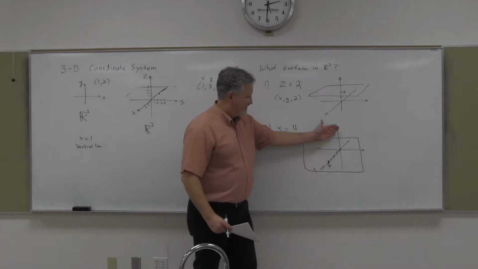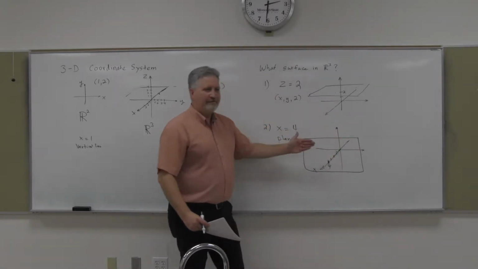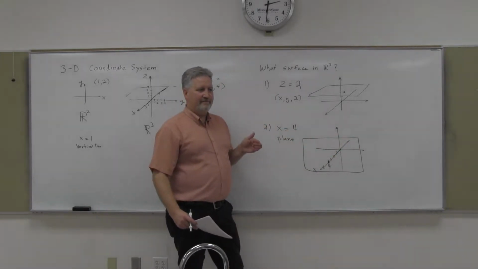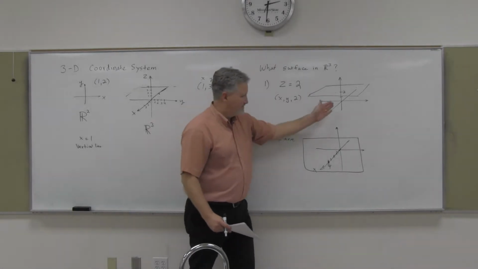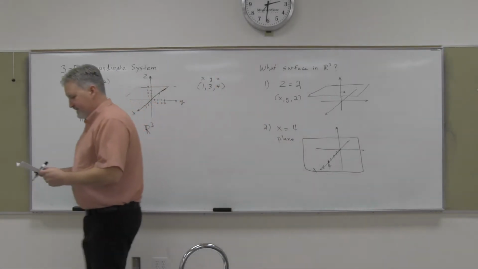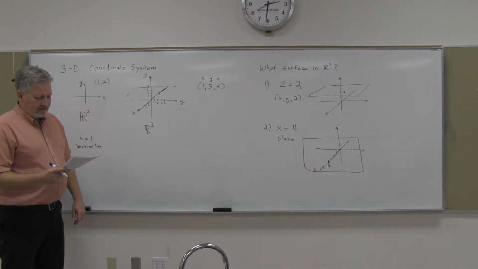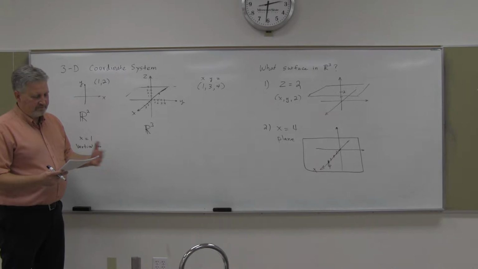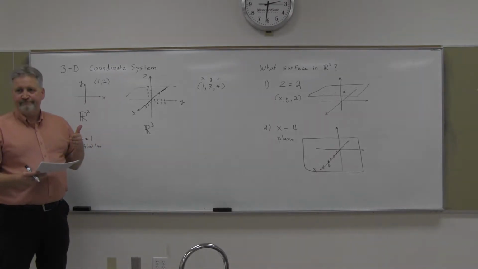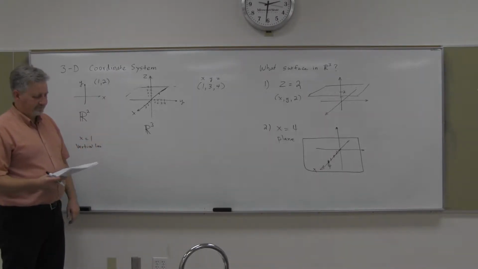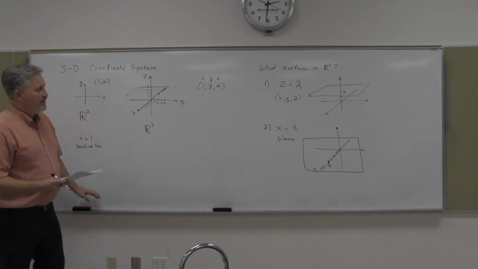It's the plane that would be parallel to the YZ plane, 4 units away from the origin, 0, 0, 0. So it'd be parallel to the YZ plane, but 4 units in front of it.